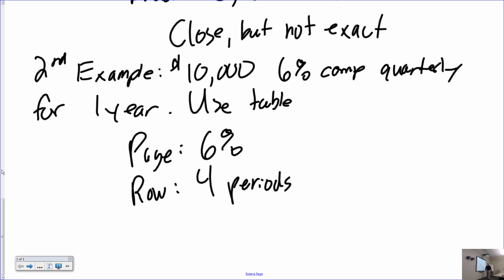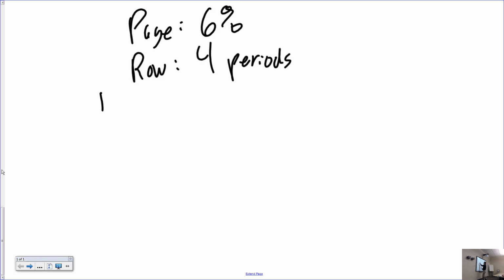On the 6% page, which is really page 12 or 13, what's the table entry on that page? 1.2625.